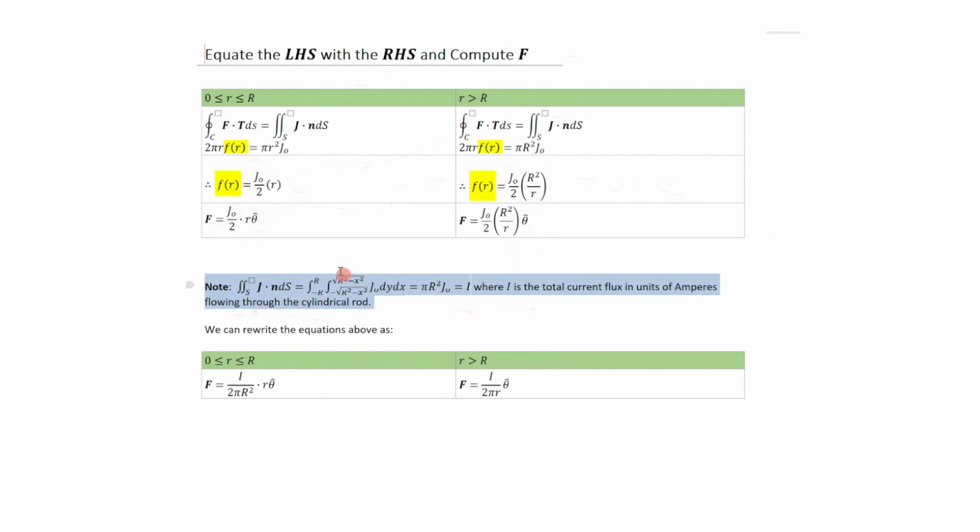So you can express these fields in terms of the total current rather than J naught if you wish, because total current is something you actually physically measure. If we do that, then these expressions can be reformulated, and you end up with something that looks like this now. And clearly here is where the I shows up, and then clearly here the I shows up.